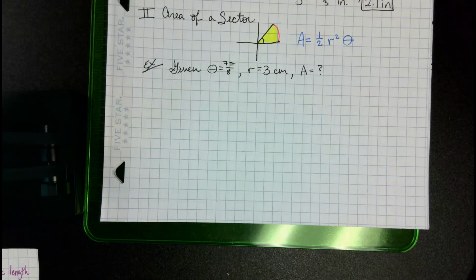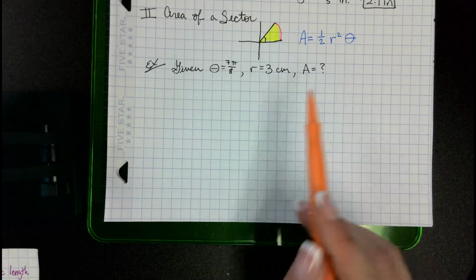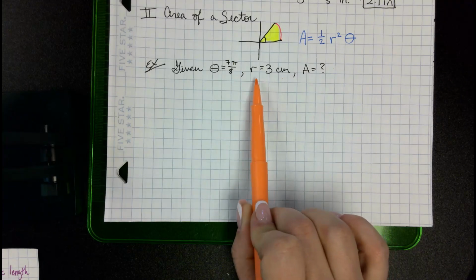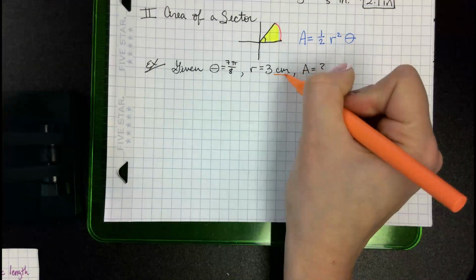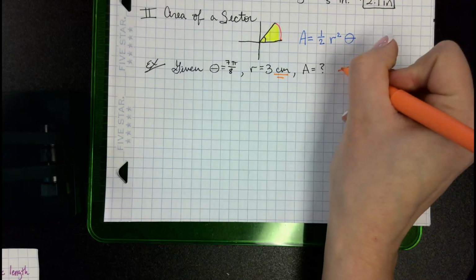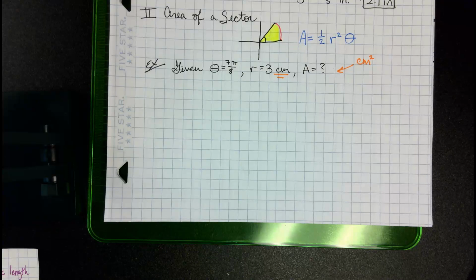What is the area? So again, on this one, I can predict my units before I begin my problem, because I know my radians don't have a unit. The radius is in centimeters, so that tells me my area is going to be centimeters squared. And now I don't have to worry about units anymore.